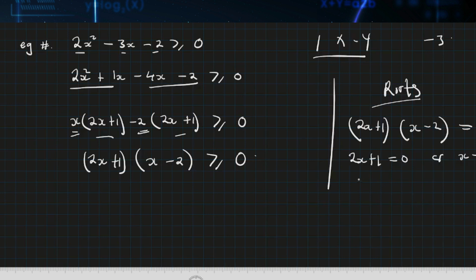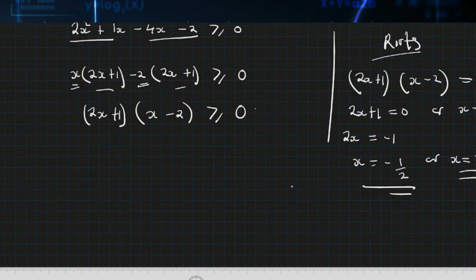What it means is 2x equals negative 1, so x is equivalent to negative half, pardon me on that, negative half, or here x equals positive 2, right? So we are going to use these roots to sketch the graph.